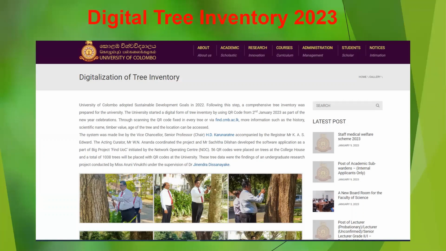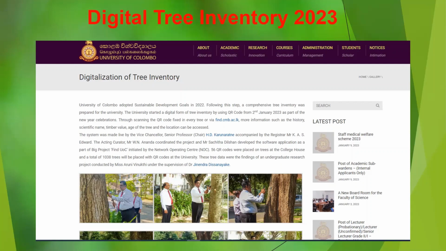Our tree inventory data was used for this, and the QR code has at the moment only been provided to the plants in the college house. When you scan the code, you can get information about that particular tree: the vernacular name, scientific name, family, and some other uses.